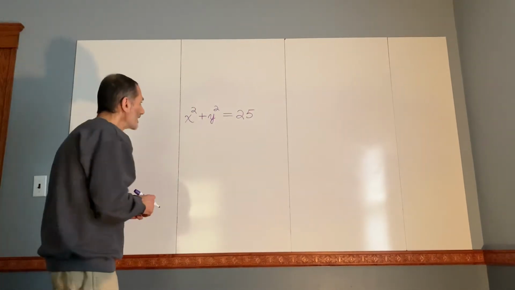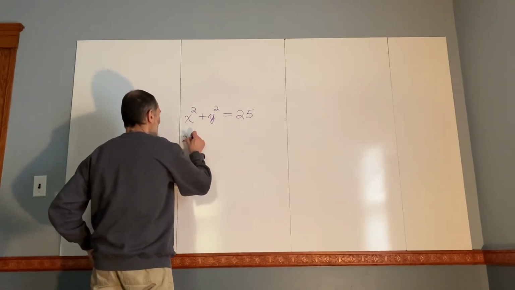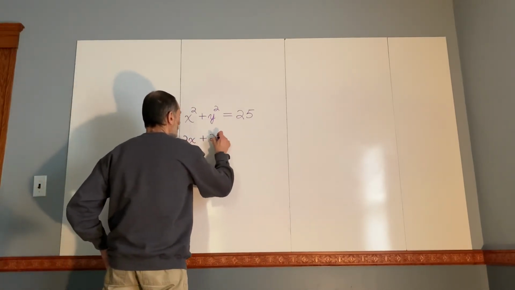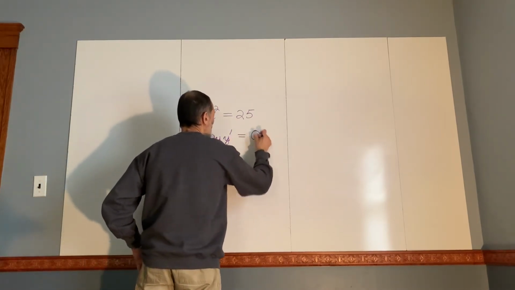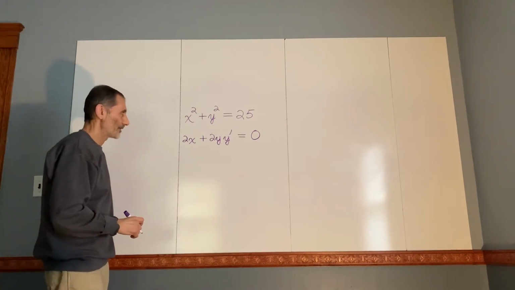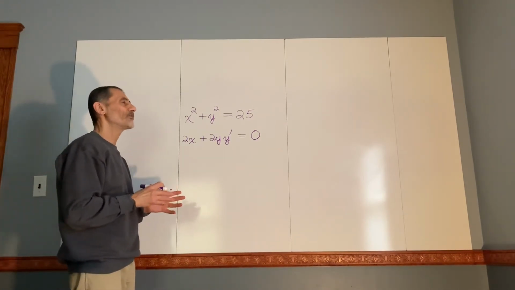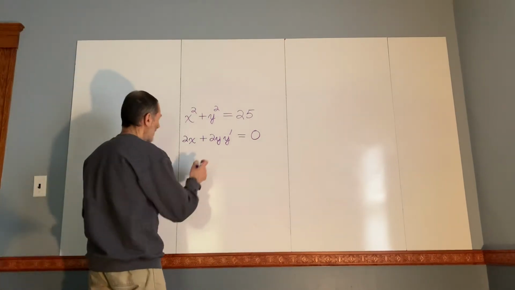So, here we go. First step, differentiate everything with respect to x. 2x plus 2y, y prime, equals 0. Right? Second step. Get all of your y prime terms on one side and your non-y prime terms on the other. Well, here I'll take another thing too.